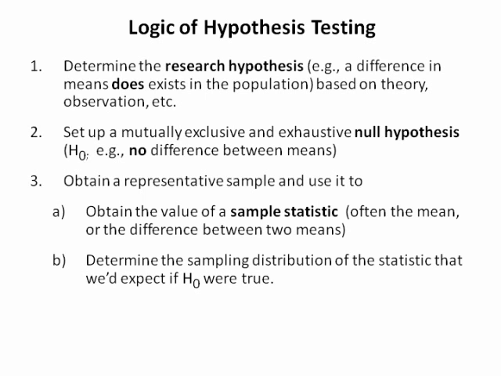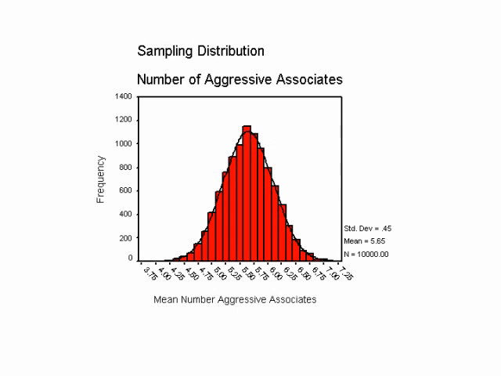Okay? And then we determine the sampling distribution of that statistic that we'd expect if the null hypothesis were true. So we have something to actually compare it to.